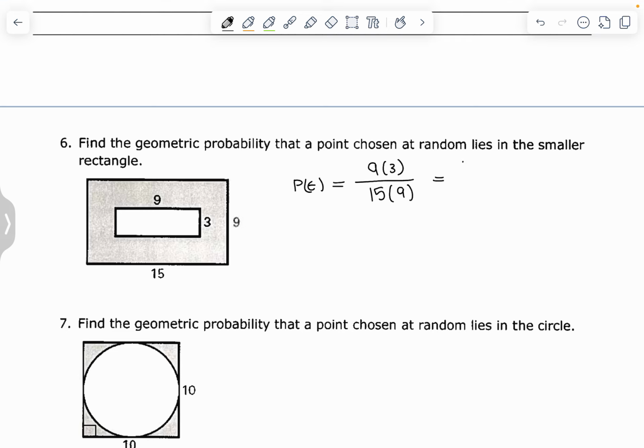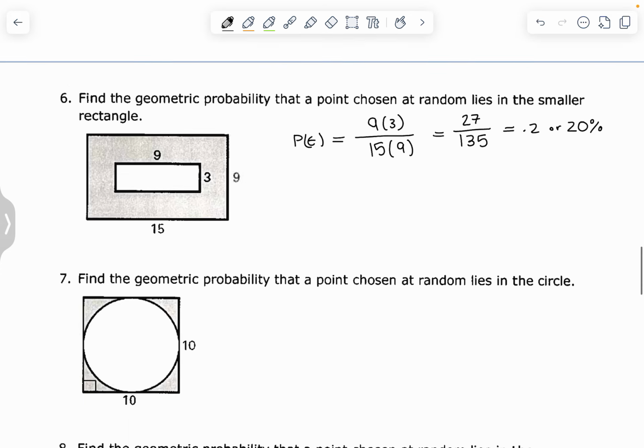And so this is going to be 27 over 135, which is 0.2 or 20%. And I'm just going to double check with my calculator real quick. Yep.